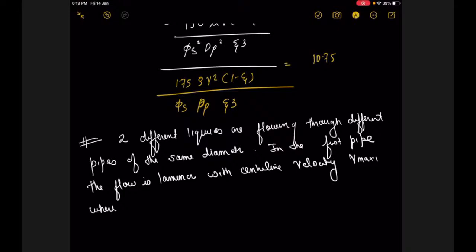Whereas in the second pipe, the flow is turbulent.